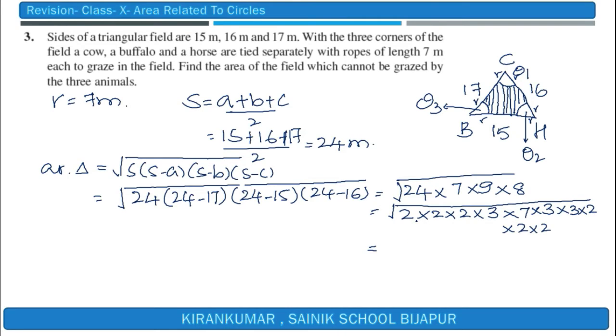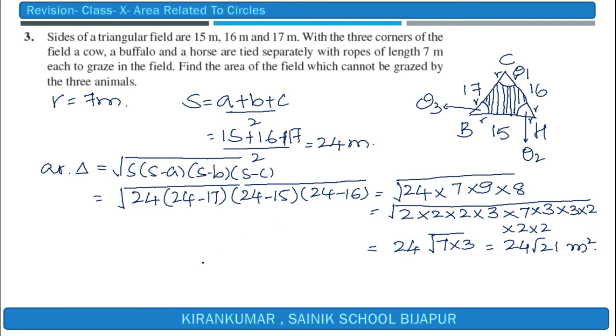Here 8 and 3, their squares exist. So 24 comes out of the root, and the remaining is 7 into 3. Hence it is 24 root 21 meter square. This is the area of the triangle.